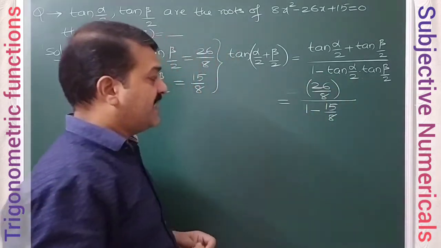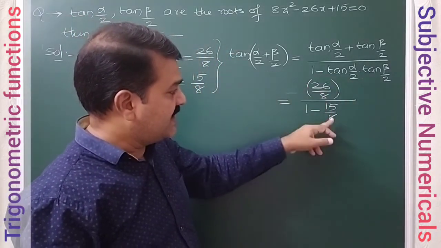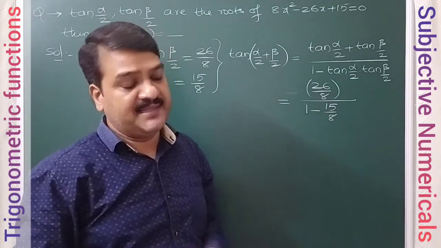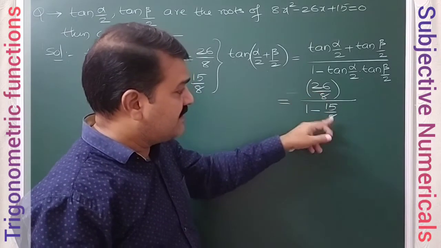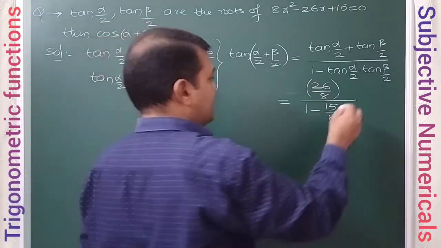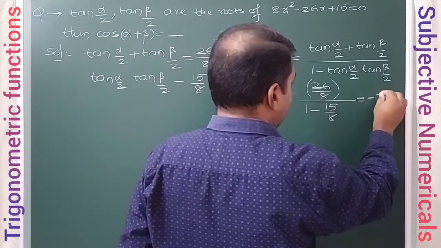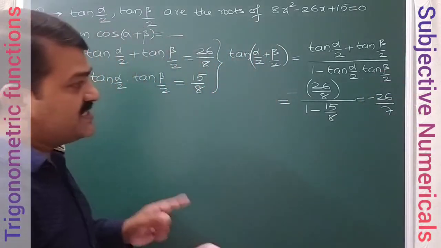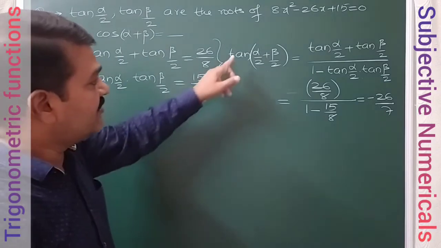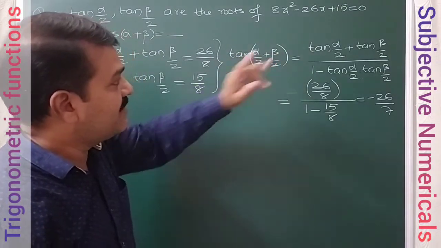When you simplify, 8 minus 15 is minus 7 by 8. So 26 by 8 divided by minus 7 by 8. So what is the final answer? Minus 26 by 7. Minus 26 by 7 is the value of tan of alpha plus beta by 2.